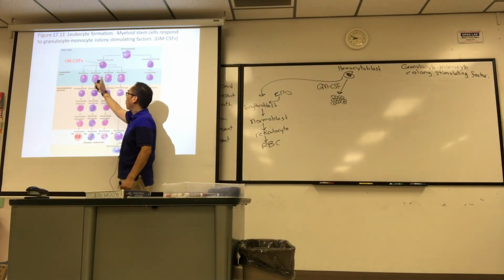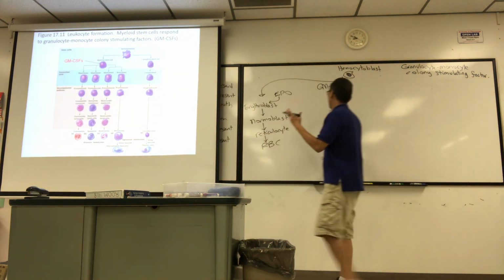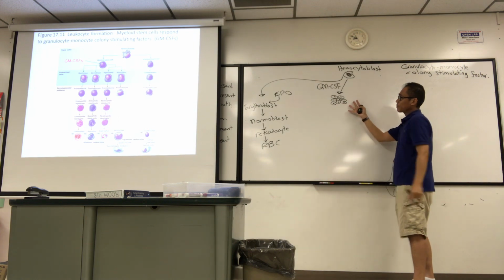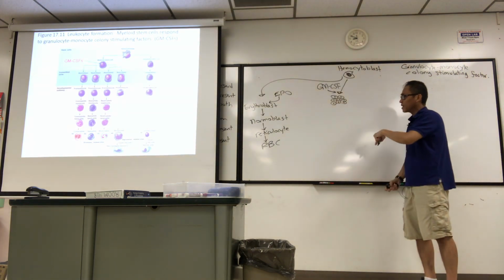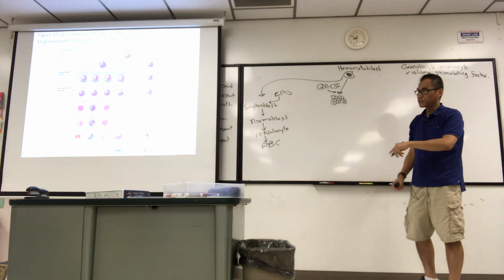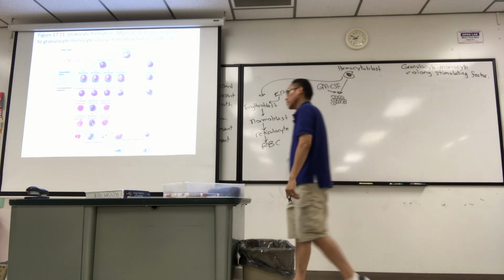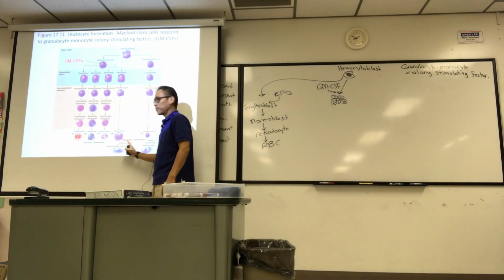Okay, I'm not going to make you learn all these names. Let's just say that out of these little colony-forming units from the GM-CSF, you're going to get granulocytes and monocytes. Those are the two general categories. What's right here on the bottom? Granular cells, agranular cells.